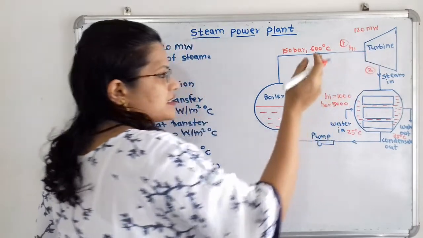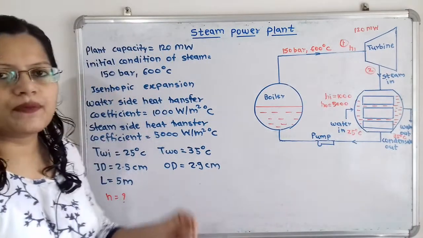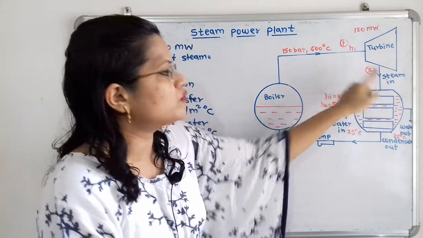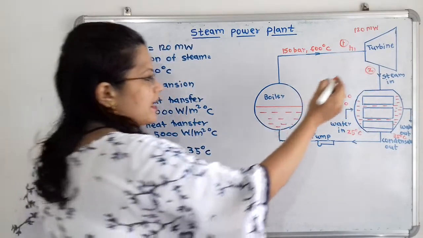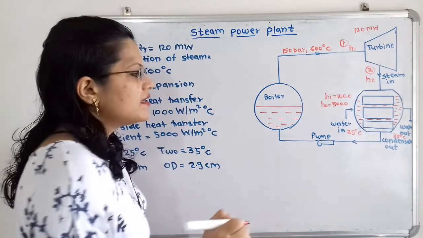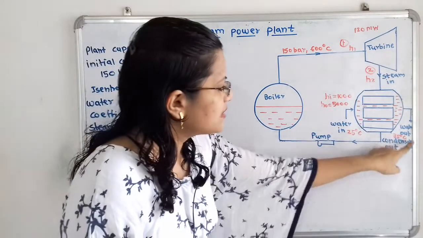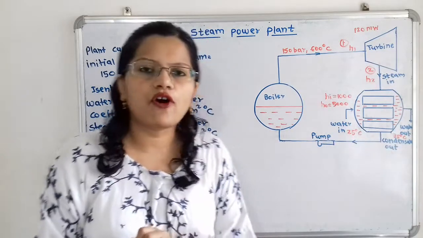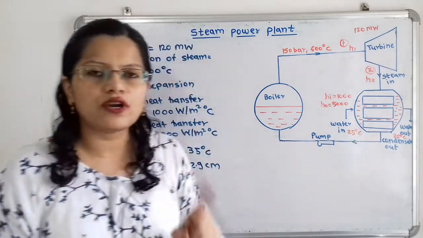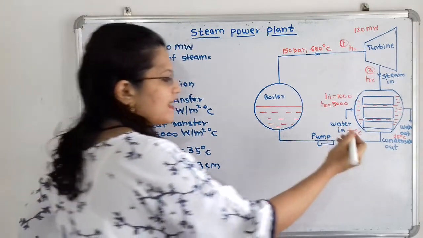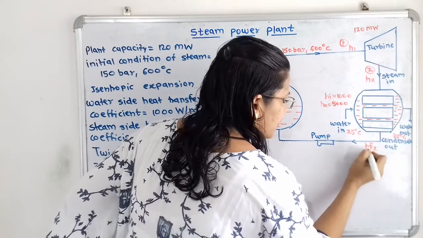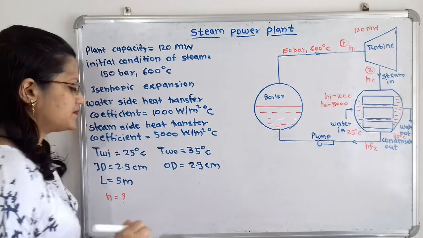The expansion process is isentropic, so we have to show entropy constant, and at point 2 we have to find the enthalpy h2. Then the condensate is coming out in the form of saturated water, so the enthalpy of this saturated water is hf2 at this point.